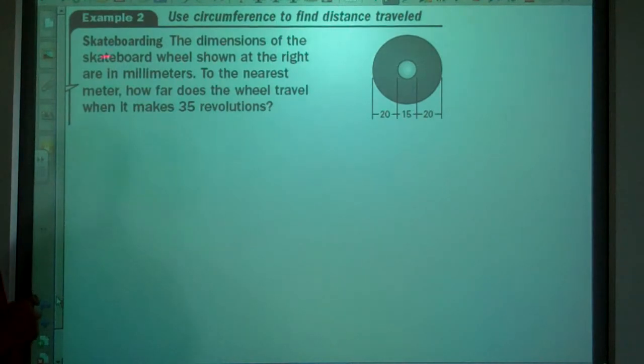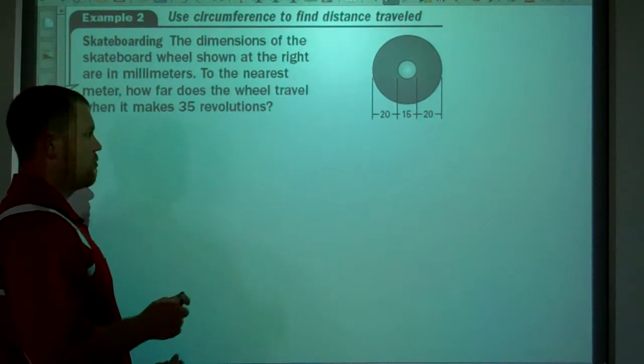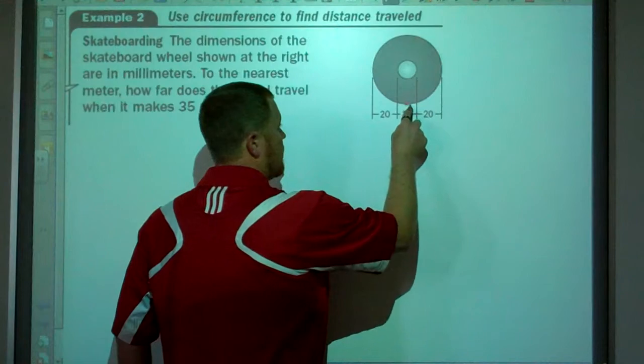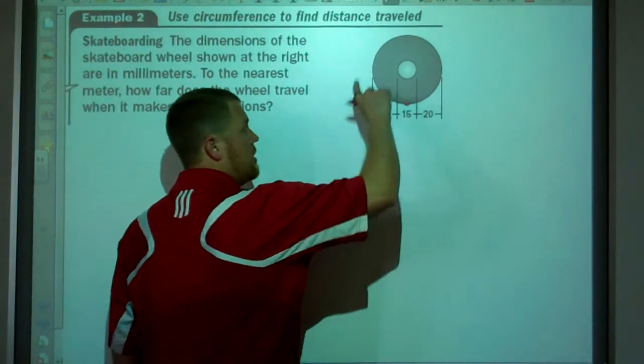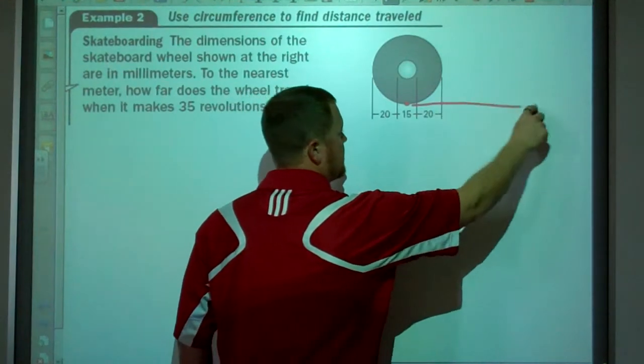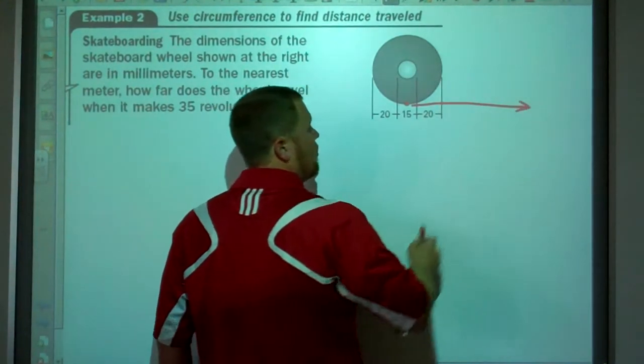The dimensions of the skateboard wheel shown at the right are in millimeters. To the nearest meter, how far does the wheel travel when it makes 35 revolutions? So we've got to think about this revolution. What does revolution mean? Well, revolution means if the wheel's touching the ground here, and you start rolling that wheel in this direction, what happens?